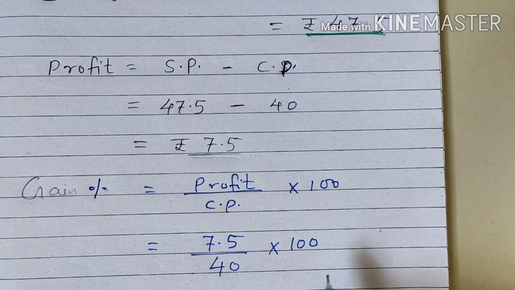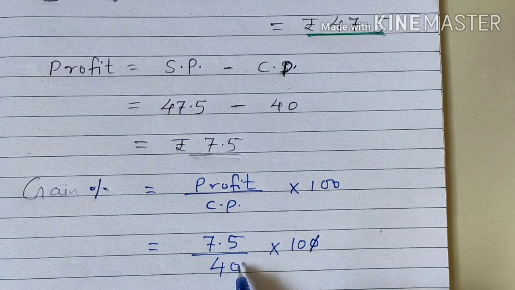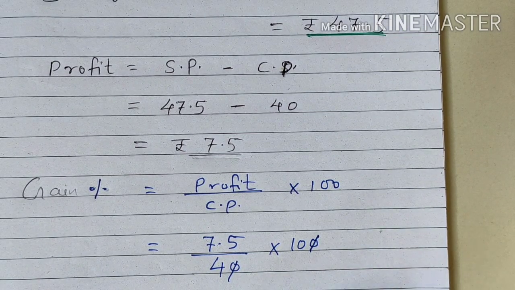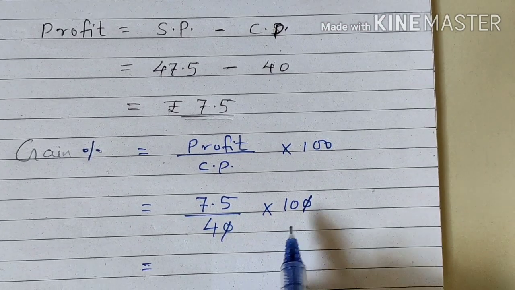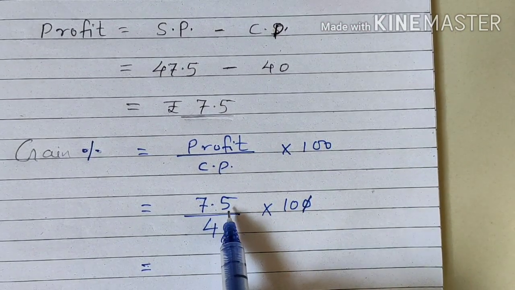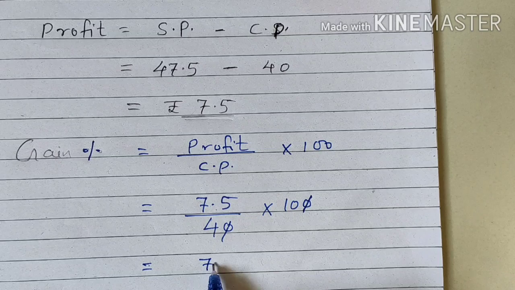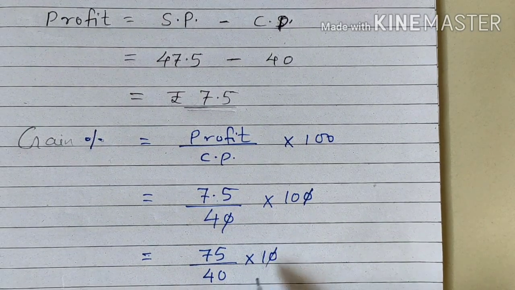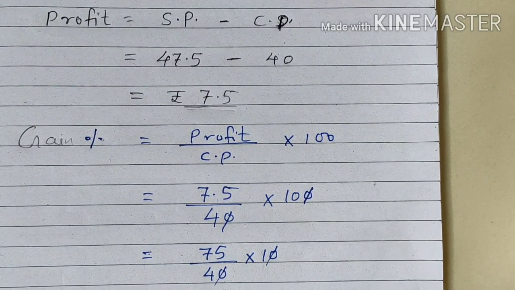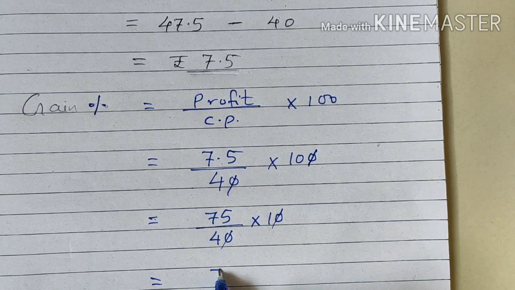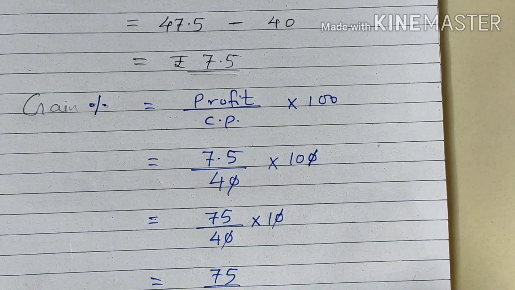First of all, these two zeros will get cancelled. Now let us remove the decimal point. How many digits are there after the decimal point? Only one digit. So to remove it, we can take 10 and multiply it by 10. Again we can cancel this 0. It is 75 by 4.